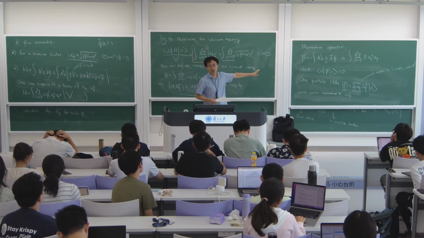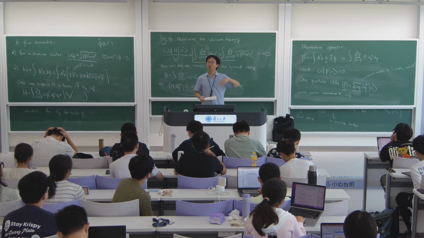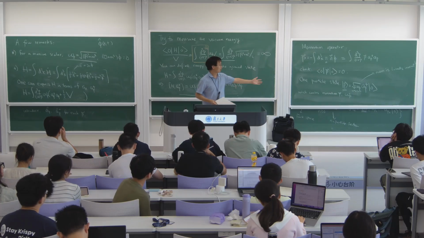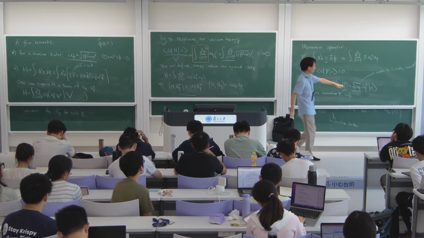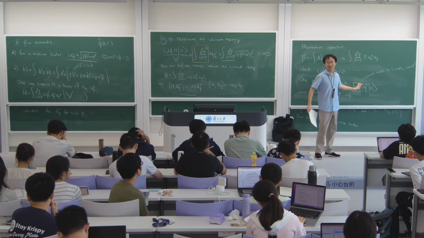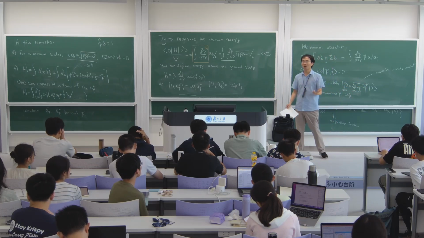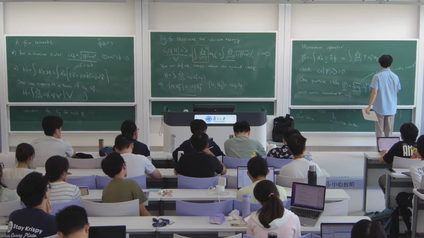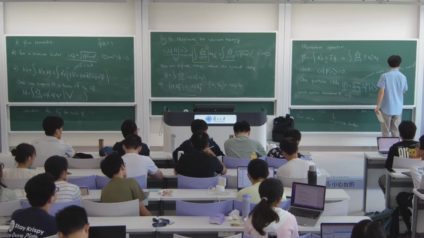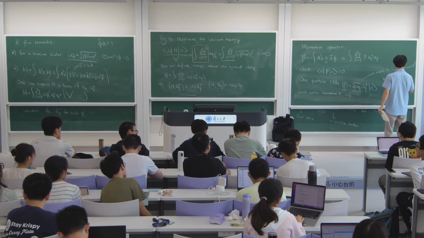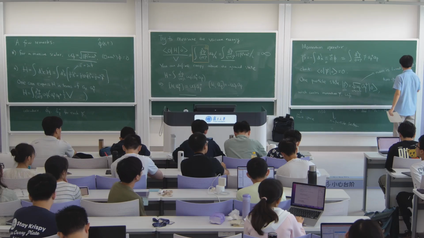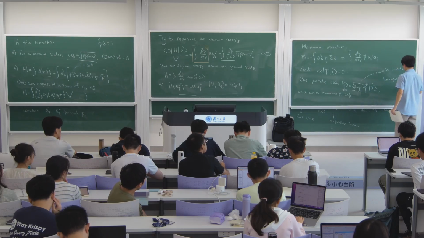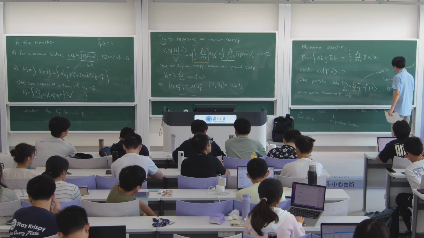Then you can do a lot of checks in this way. You can try to check a 2 particle state. I can create twice, right? I can have a_p1 dagger and a_p2 dagger, so I have a 2 particle state with p1 and p2.